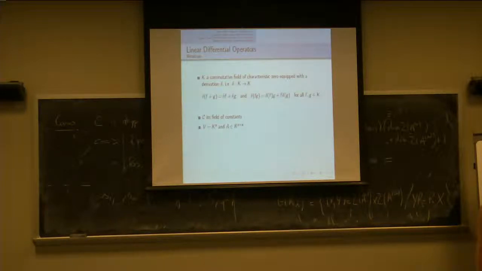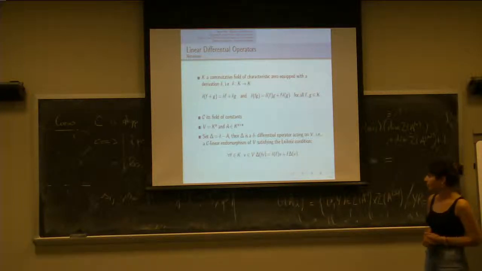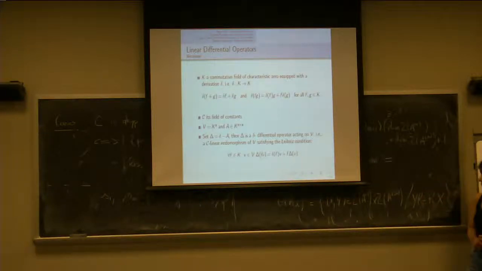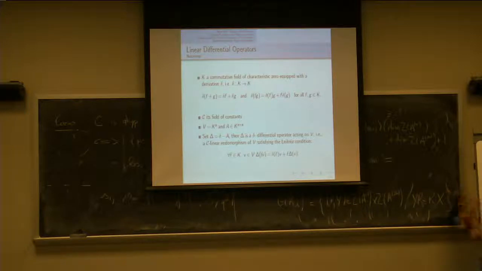V is an n-dimensional K vector space, and I'll take a matrix A whose entries lie in K. So this operator will be a delta differential operator acting on V, that is a C-linear endomorphism of V satisfying this Leibniz condition. At the beginning, I'm using the terminology of operators to unify the systems I'm working on, but later I'll be working directly on the matrices.